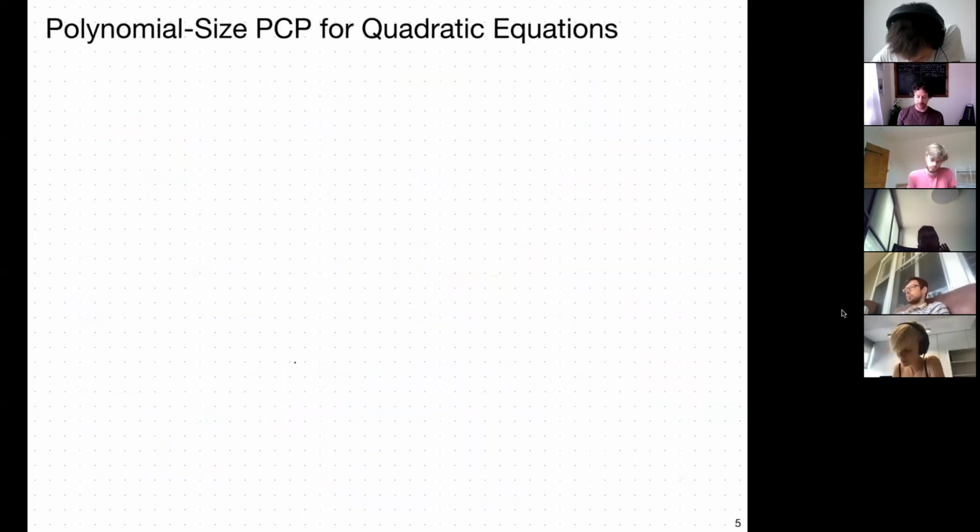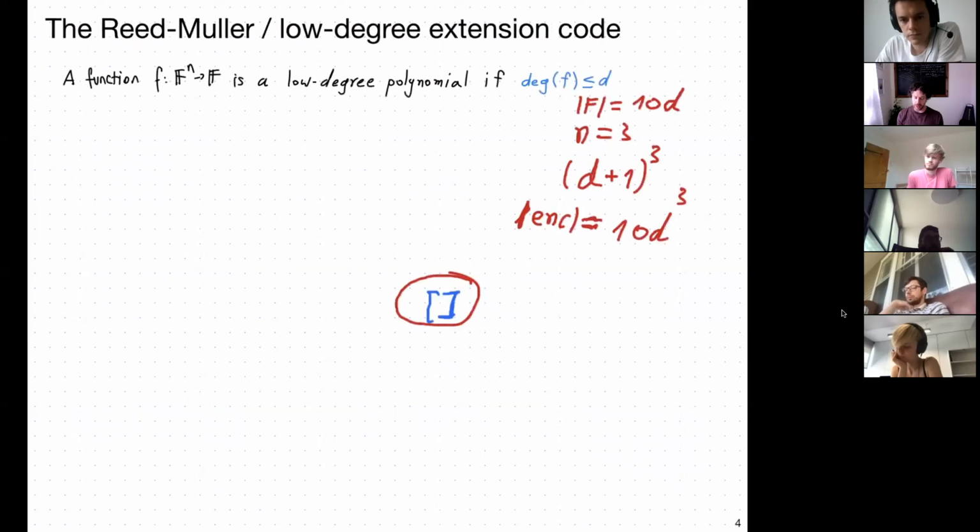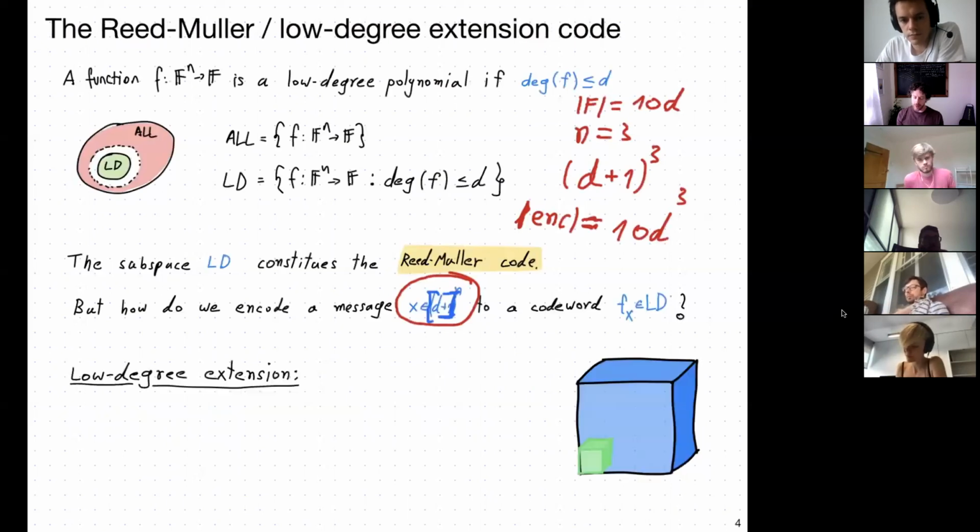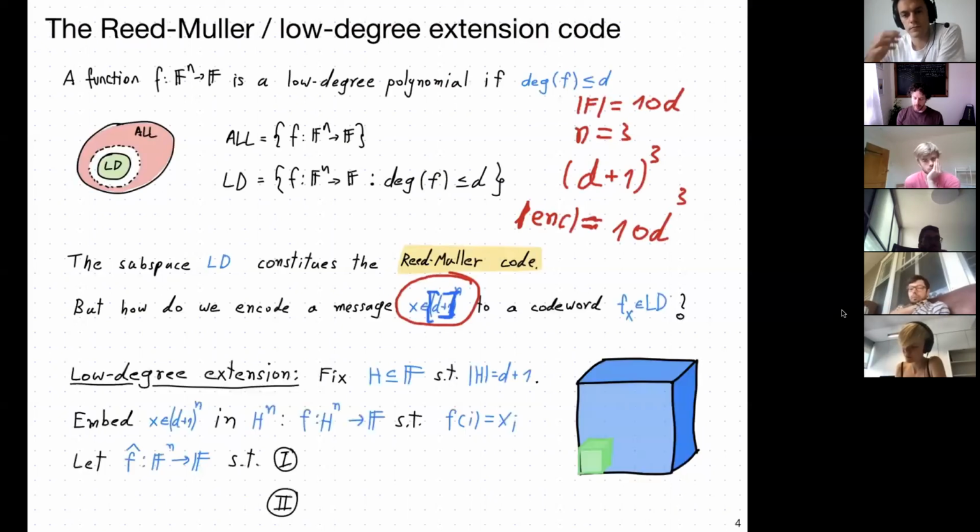Amit is asking regarding the size of the truth table. So just to quickly say that again, the size of the truth table would be the size of F to the power of the dimensions, so it's like the size of the encoding.